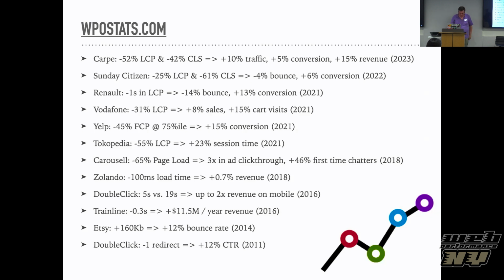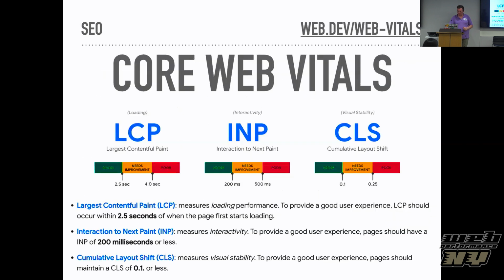I'm not going to quote many, but a specific improvement in speed brought this much more money, or we had some revenue numbers, or some bounce rates, which can effectively be converted to the effectiveness of marketing campaigns, or session time for Tokopedia, which for them was an important metric, and so on. So check out these stats because this will help you in business conversations.